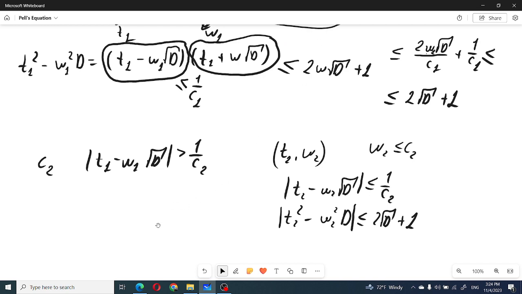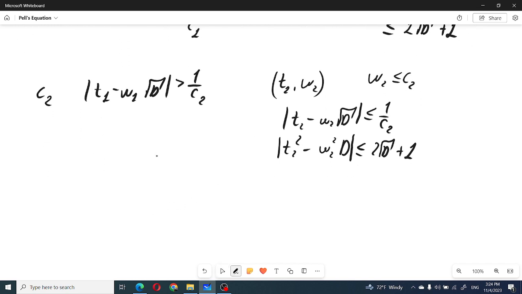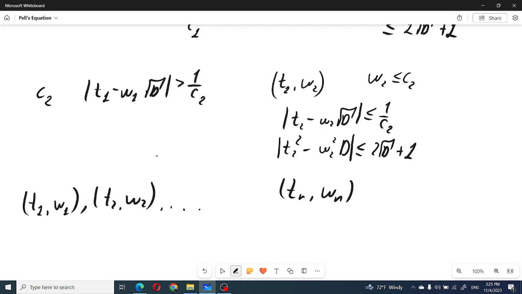So if we do this process infinitely many times, we will generate numbers t1, w1, t2, w2, up to tn and wn, where we know that all of these numbers, ti square minus wi square d, must be in the region from negative (2 square root d plus 1) to positive (2 square root d plus 1).